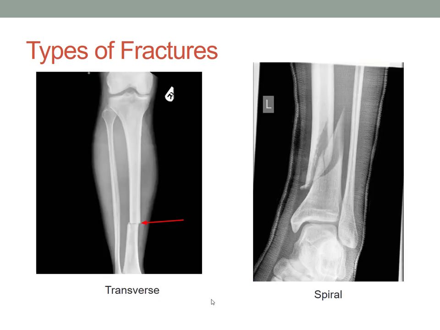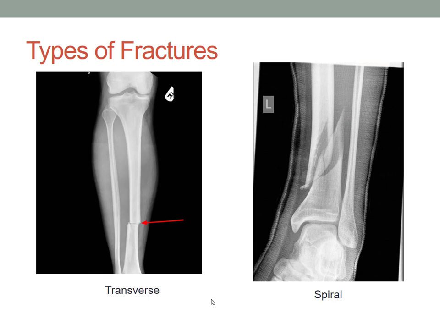So now we're going to look at a variety of types of specific fractures, and these are in your book. There's a diagram in your book, but I chose to find x-rays to show you more exactly than a diagram. The first one on the left is a transverse fracture.